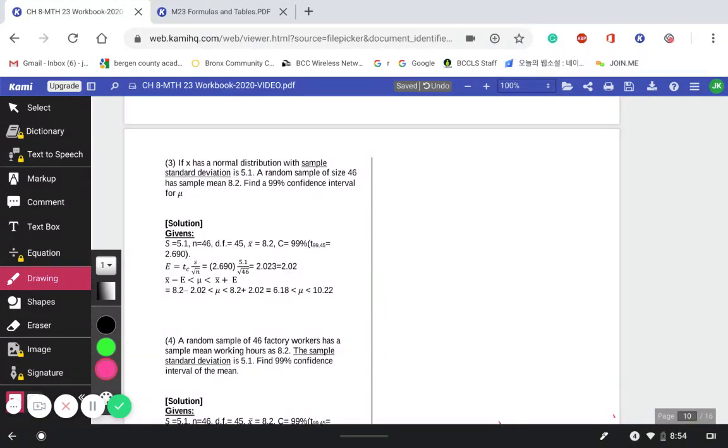So now let's try another set of questions. If X has a normal distribution with a sample standard deviation of 5.1, so from there you got S as 5.1. Sample size is 46, so n becomes 46. Sample mean is 8.2, so that means X bar is 8.2.